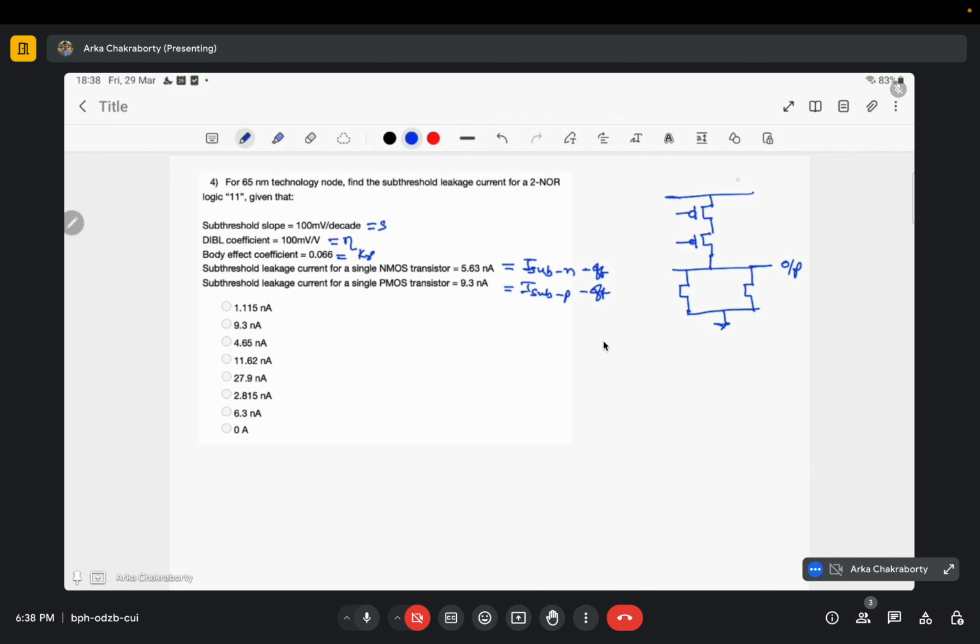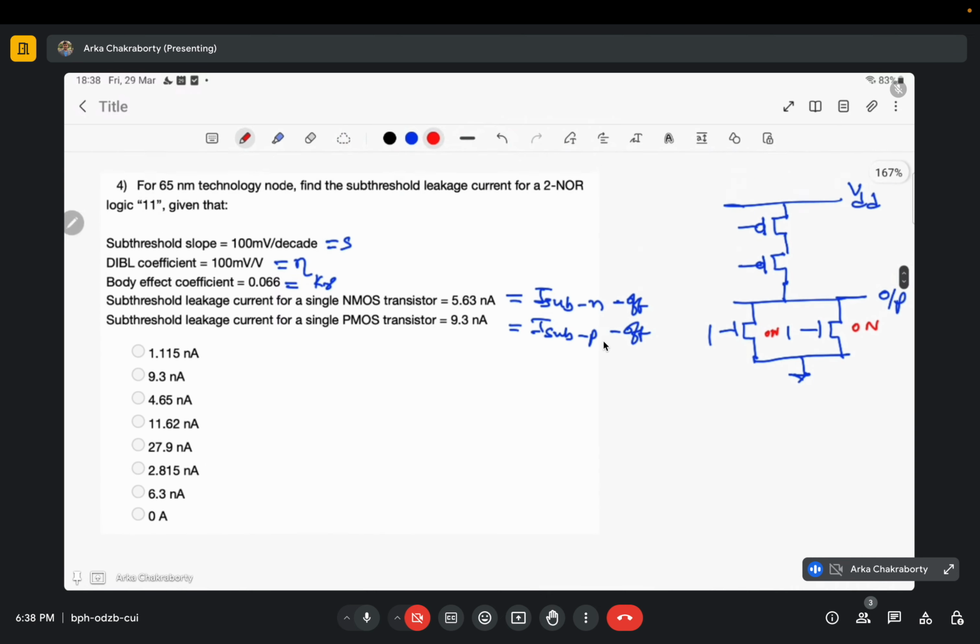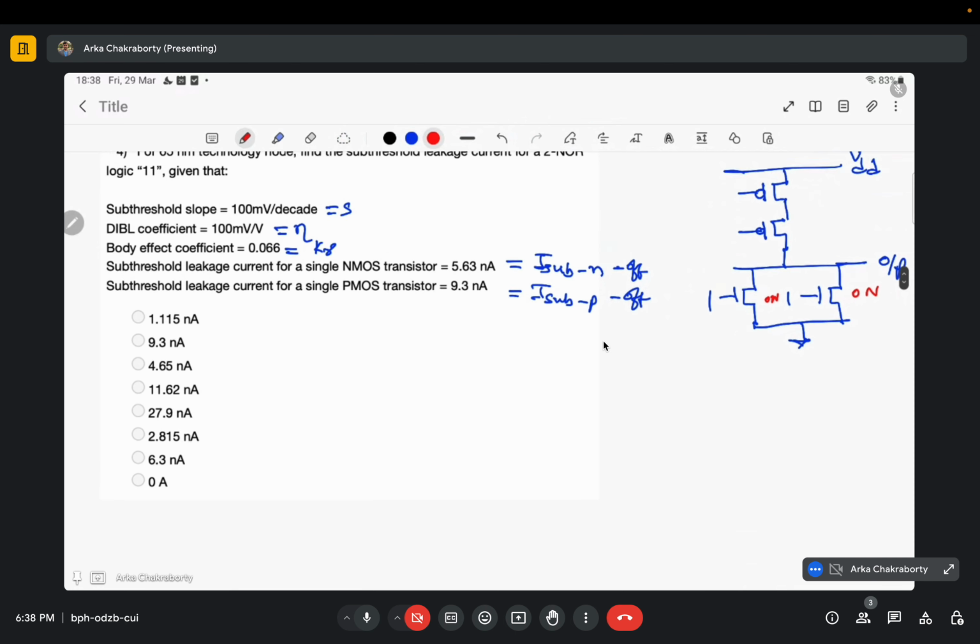This is my output, this is my VDD. So the input is 1 1, so this would be on, this would be on, this one would also be on, whereas these two would be off, right? Because with 1 1 the PMOS would be off.